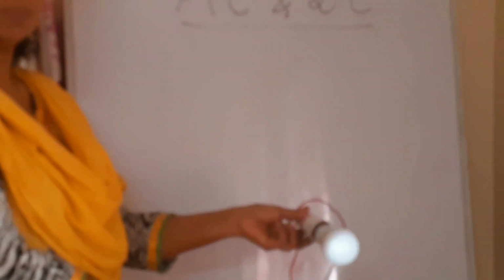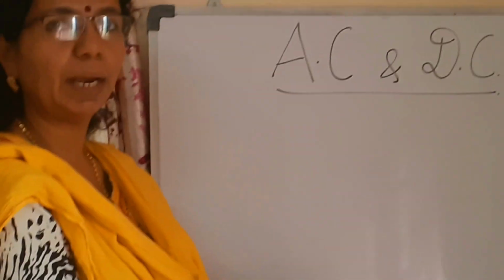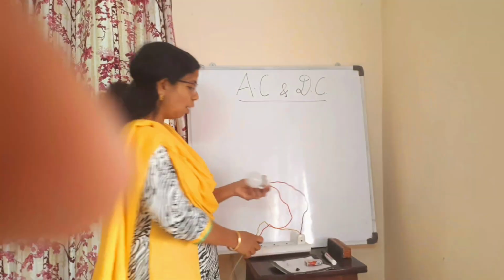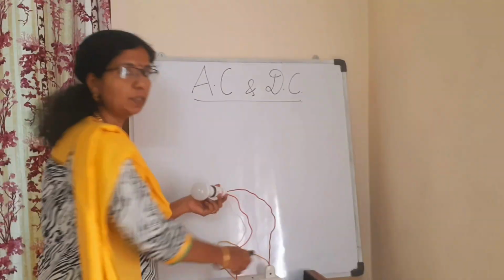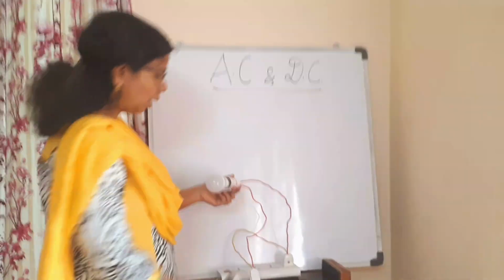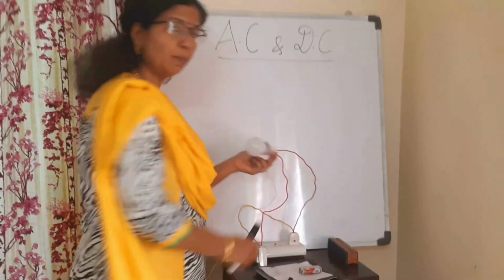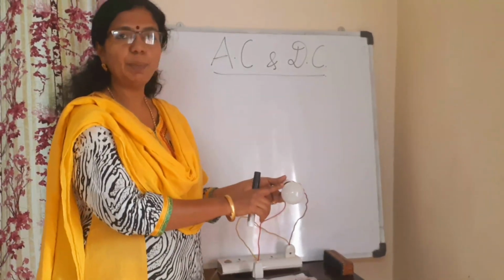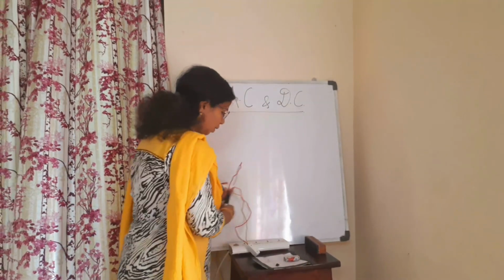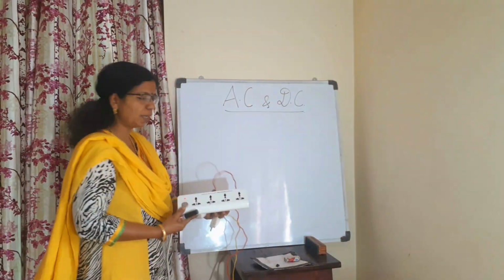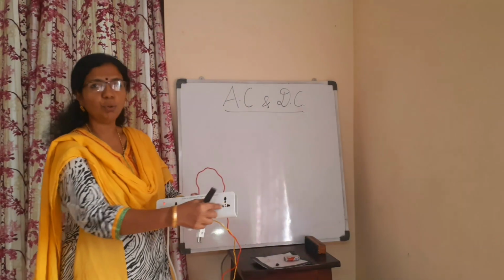So from where did this bulb get current? The bulb got current from this 2-pin socket. Now, what is the voltage source for this bulb? The voltage source is the voltage obtained from these two pins.